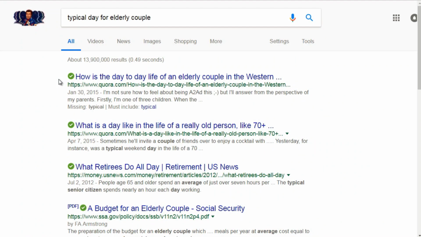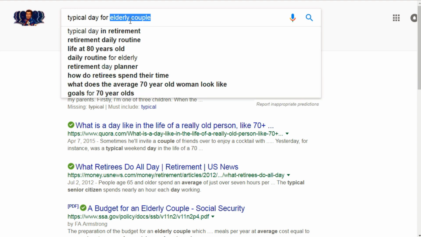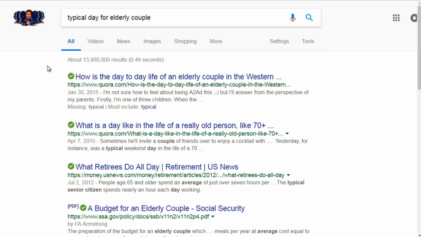I often find that the easiest way to find a typical day for a specific person, specific age, specific sex, and specific lifestyle is simply by going to google.com and typing in typical day for whatever you're looking for. So if we're looking for an elderly couple, we could say a typical day for an elderly couple.